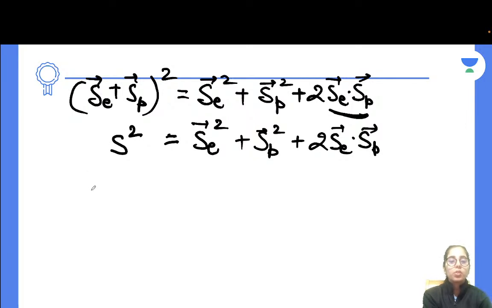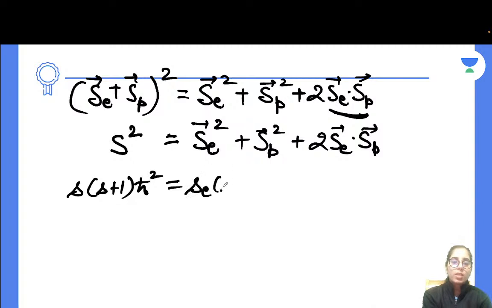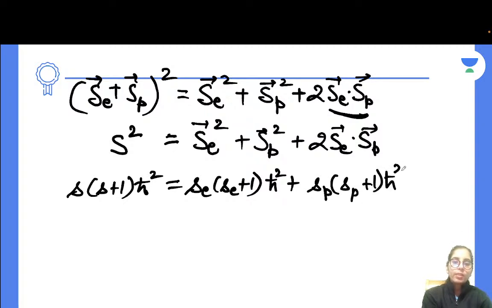That is root S into S plus 1. So it will be S into S plus 1 h cut square, that is going to be SE into SE plus 1 h cut square plus SP into SP plus 1 h cut square. And this term you keep as it is.